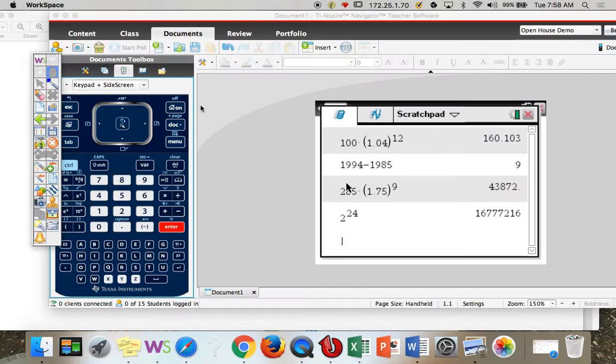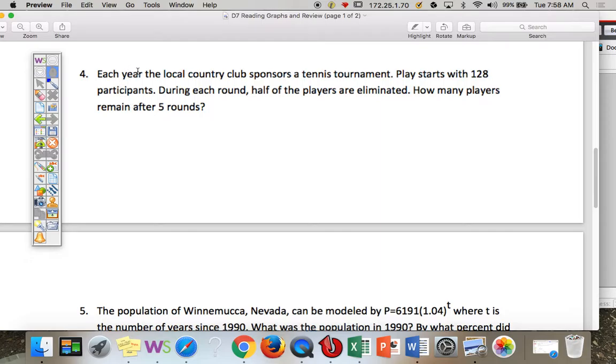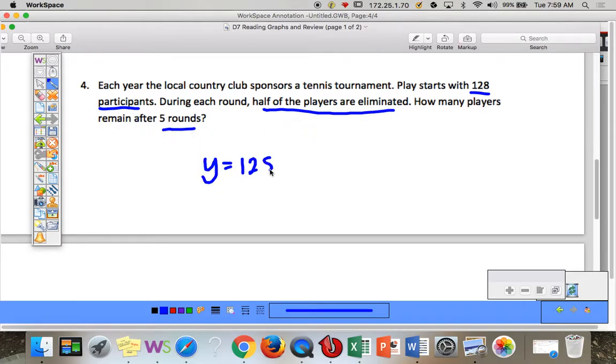Number 4. Each year the local country club sponsors a tennis tournament. The play starts with 128 participants. During each round, half of the players are eliminated. How many players remain after 5 rounds? So here we start with 128 teams. And here it's going down, 100% minus half. And t is the number of rounds. I'll put the 5 here.